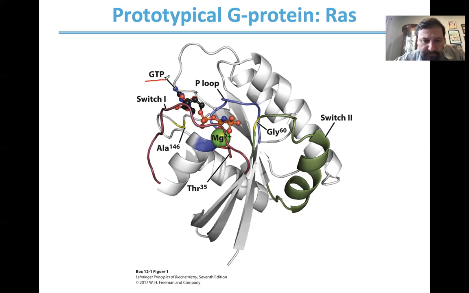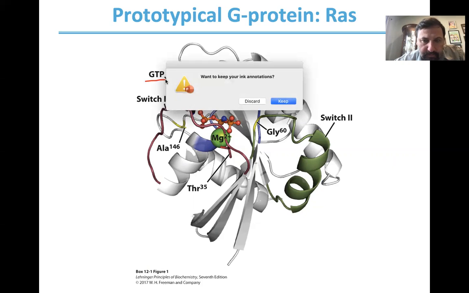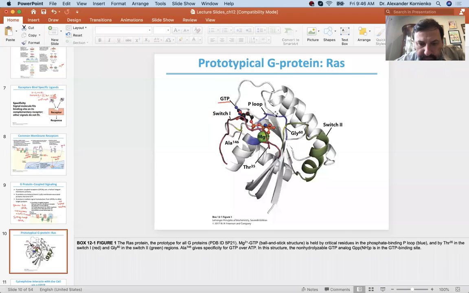If we look at this, it says specifically in this structure, it's a non-hydrolyzable GTP analog, G-diphosphate-NH-phosphate.